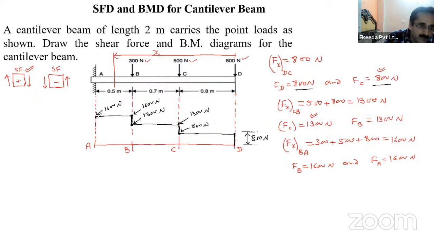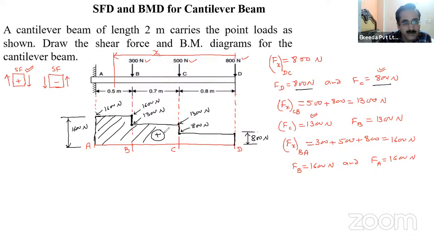And you close up the diagram, meet this point. This is 1600 Newton, and this is positive throughout the section. So this is the shear force for the entire beam.